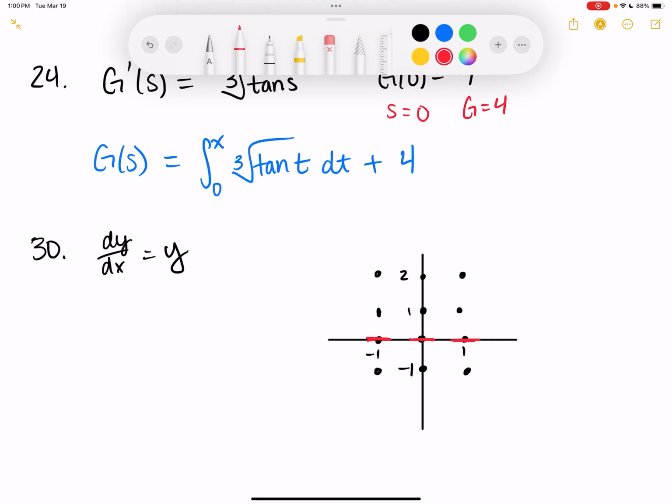Then when y is 1, what's the slope? 1. There's no x, so that doesn't change anything. We just are looking at the y value.